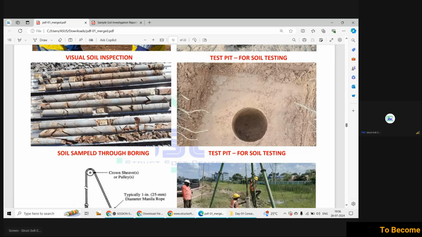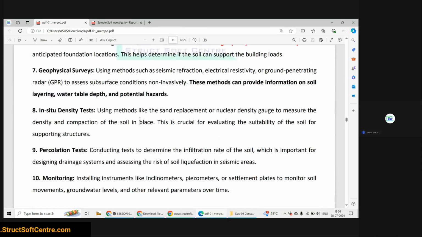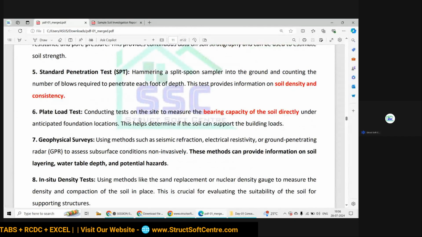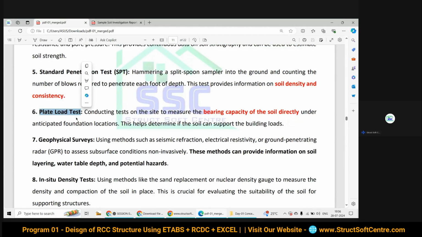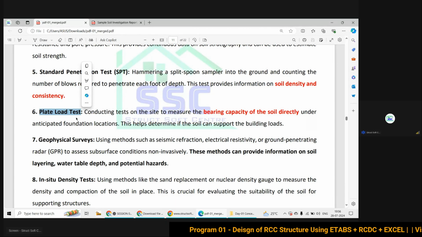Okay, so all these methods are present here. You can read them on your own and then you can understand. But here I would like to have your concentration on the plate load test, because this is the most common method of soil exploration adopted.